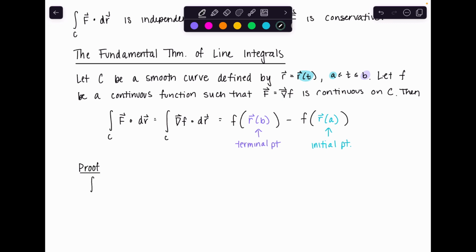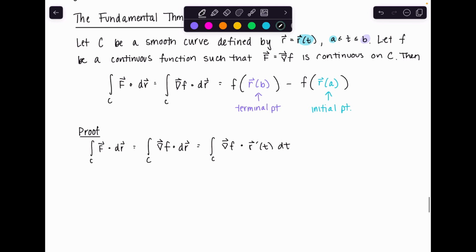So the line integral over C of f dot dr is again written as the gradient of f dot dr, which, spelling that out even more, dr is r prime of t dt. Okay. So we're going to do this for a triple.